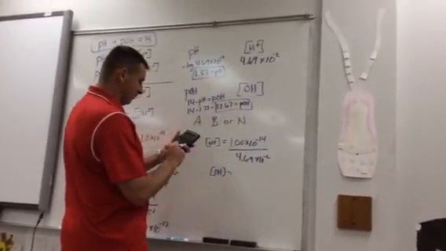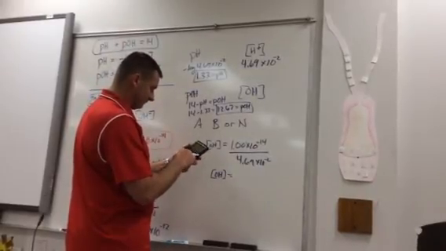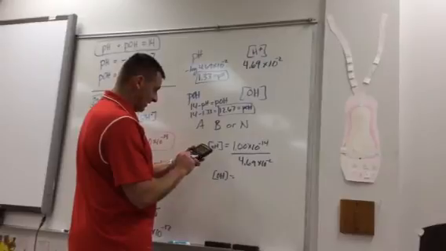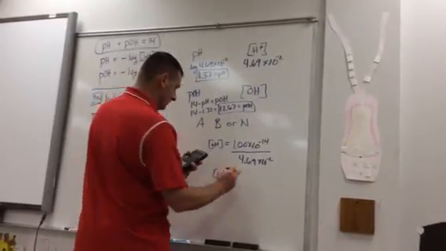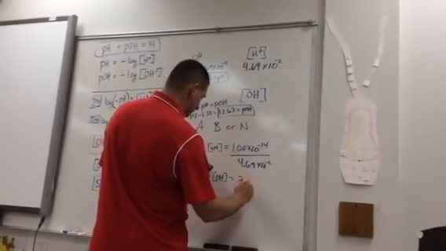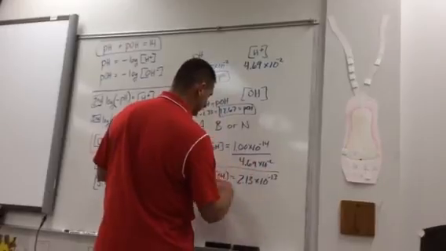So it's 1.00 exponent negative 14 divided by 4.69 exponent negative 2, and the hydroxide concentration equals 2.13 times 10 to the minus 13.